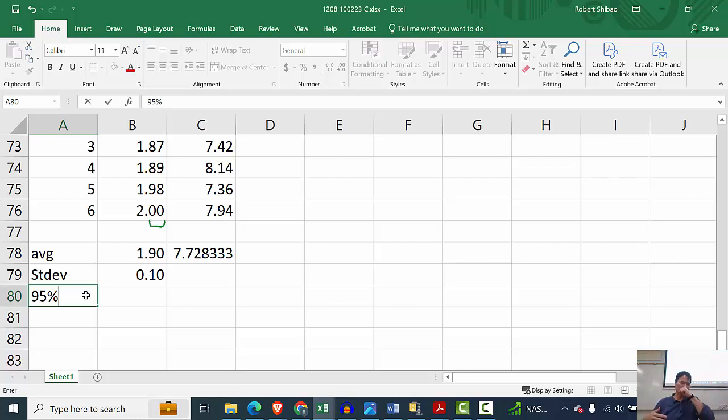Rather than saying 2 standard deviations, which would be more than 95%, like 97, 98%, the standard in science is to have 95%. So we'll go with that. And we're not going to call it a standard deviation. We're going to call it a confidence interval. So one standard deviation is a 67% confidence interval. A 95% confidence interval would be about 1.95 standard deviations, roughly.